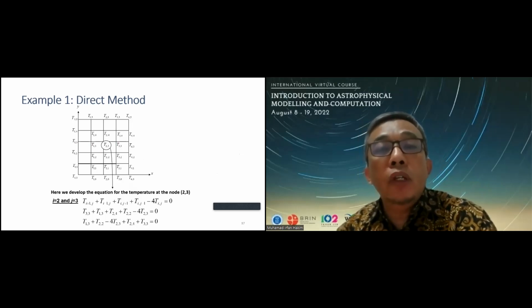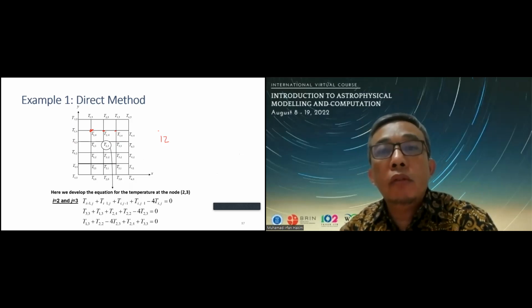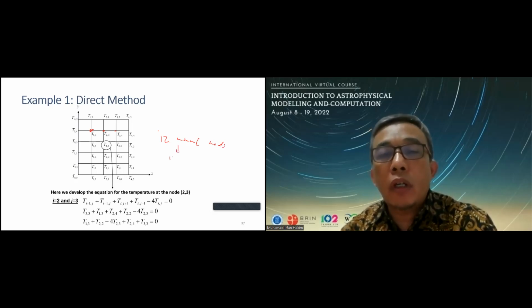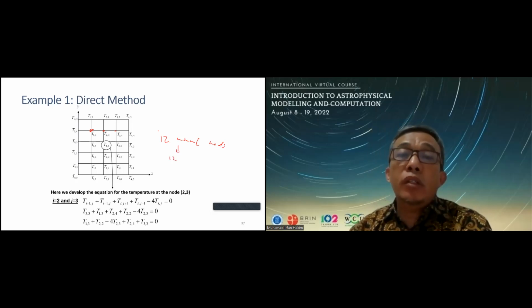But in principle, we come here to a number of internal nodes. If we calculate these internal nodes, we have 12 internal nodes. So we have a system of 12 linear equations.